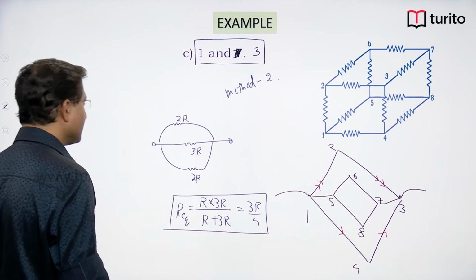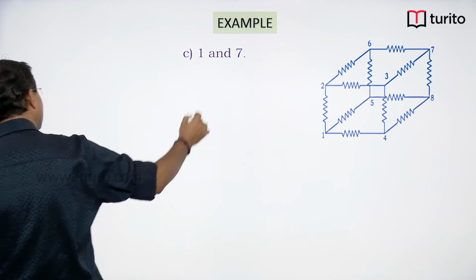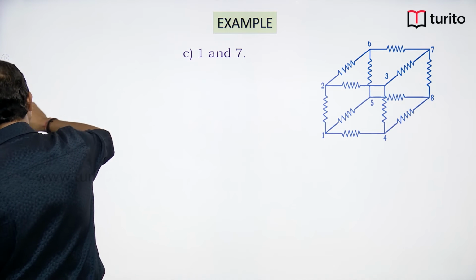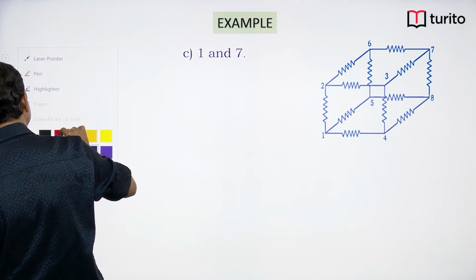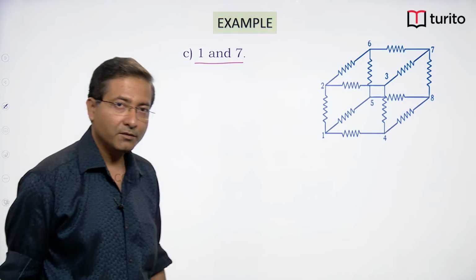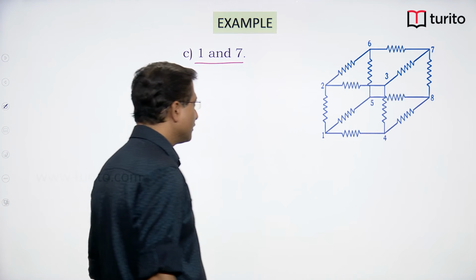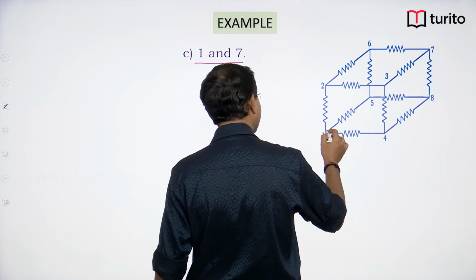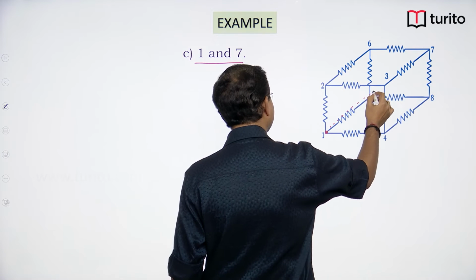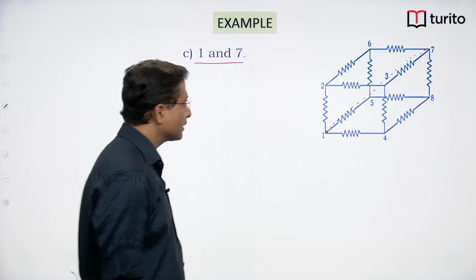Now same question, between 1 and 7, you can see there is line of symmetry. If I join this 1 to 7, okay, diagonal.